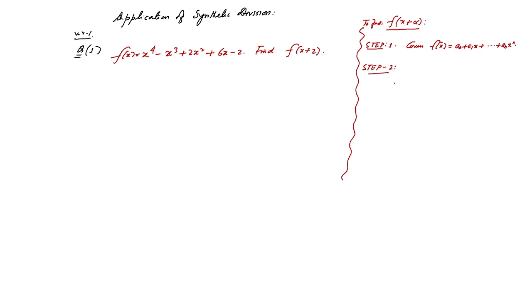Step 2: we need to find f of x plus 2, so you will consider f(x) equals a0 times x minus alpha whole to the power n, plus a1 times x minus alpha whole to the power n minus 1, plus up to an minus 1 times x minus alpha plus an.